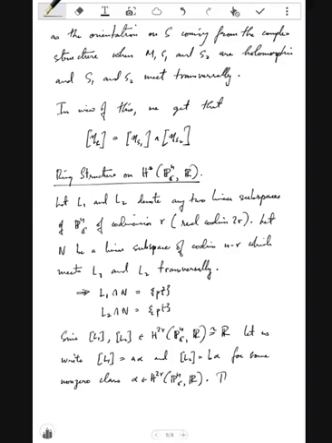Then we get the class of L1 wedge the class of N is equal to A alpha wedge the class of N. This is equal to the class of a point, which is equal to the class of L2 wedge N, which is equal to B times alpha wedge N.